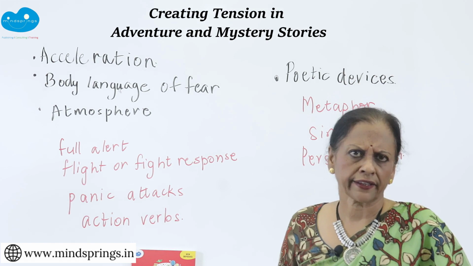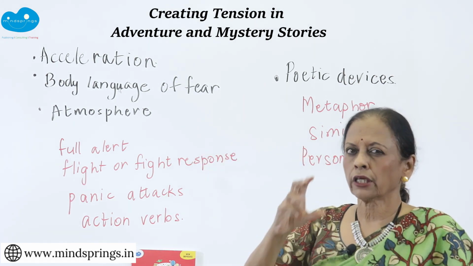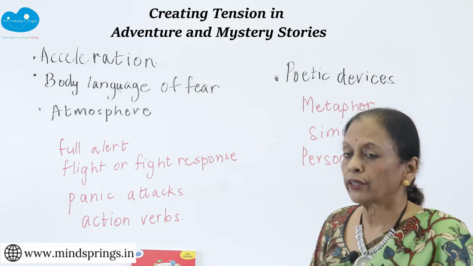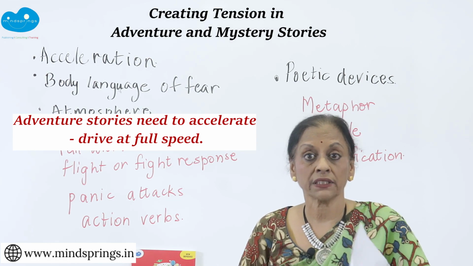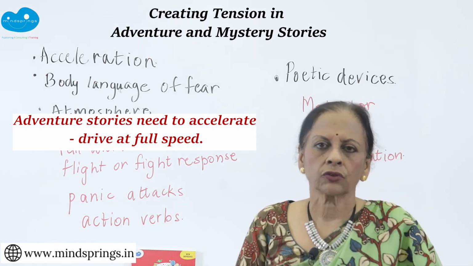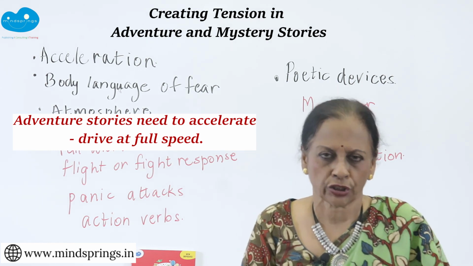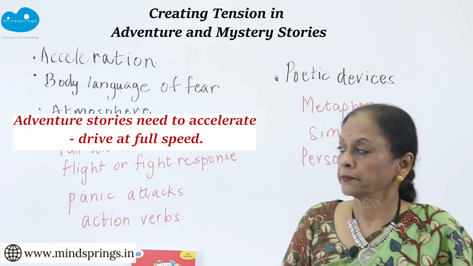So what are we looking at? When we talk of tension, you need to create what is called acceleration. Acceleration means like you accelerate a car. You need to drive it at full speed. So people think, oh my God, they're going to crash, right? Adventure stories need to accelerate.